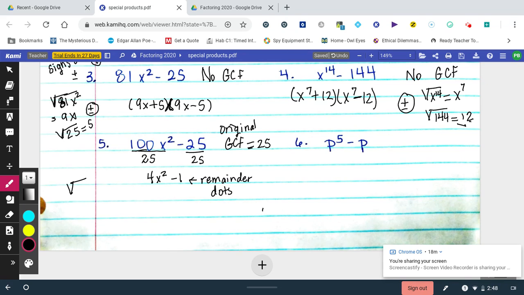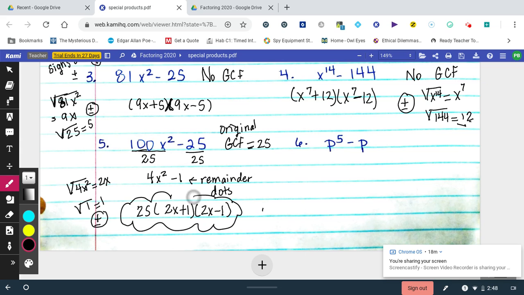The square root of the first term is 2x, and the square root of 1 is 1, and you put a plus and a minus sign in your factors. So you end up with 2x plus 1 times 2x minus 1. If you have an original GCF, don't forget to put it back out in the front. So that is it in completely factored form.